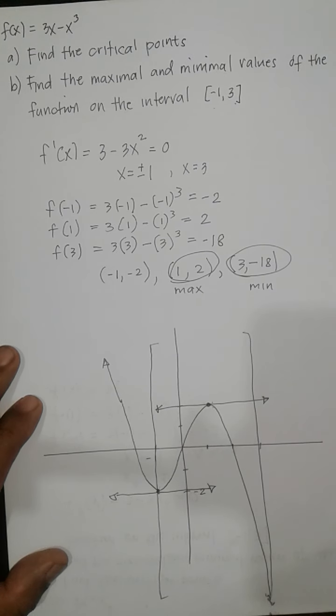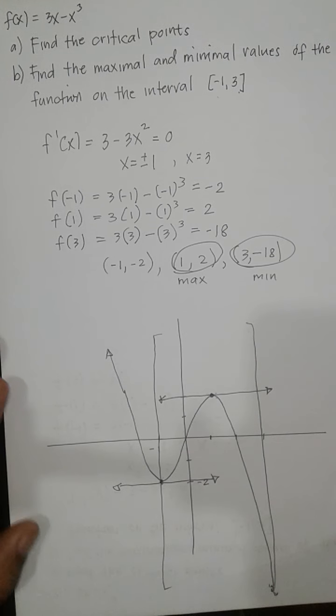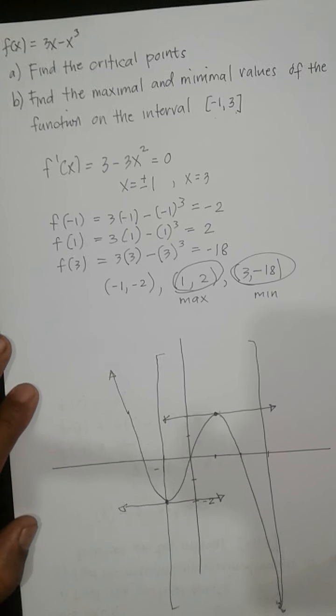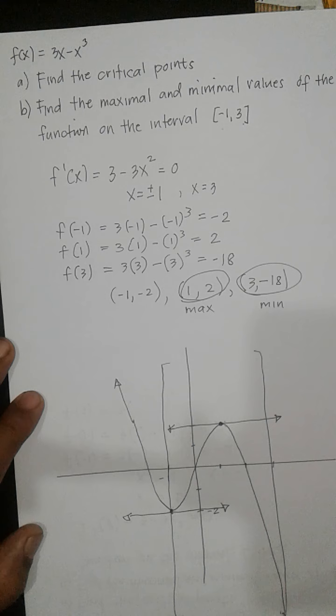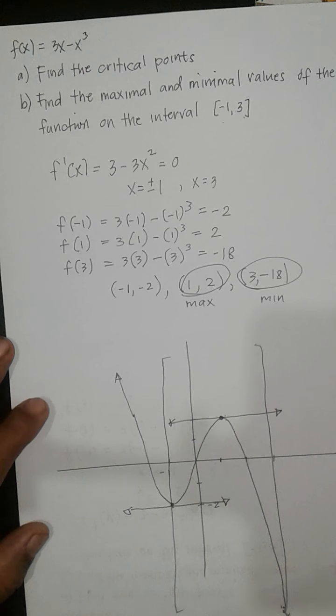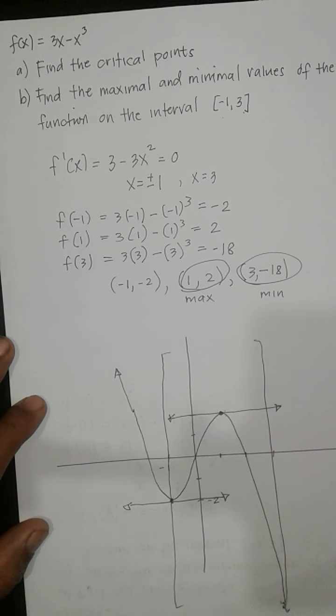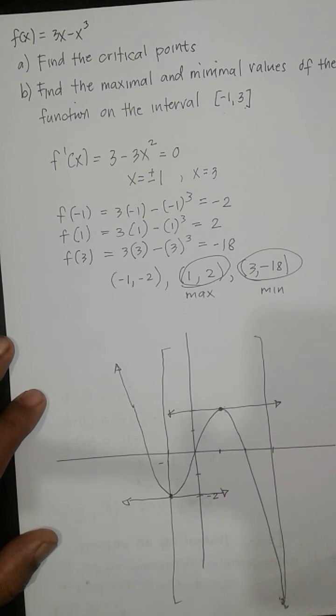Then, of course, expected that this one may not have a horizontal tangent line. So that's the solution in finding the critical points, as well as telling whether such a point is a maximum or a minimum. And of course, you can make use of those points or information to graph the given function.